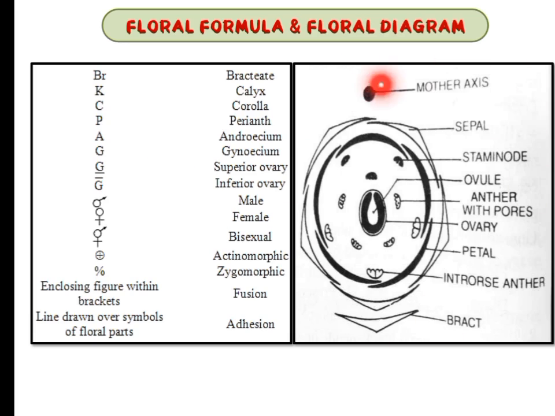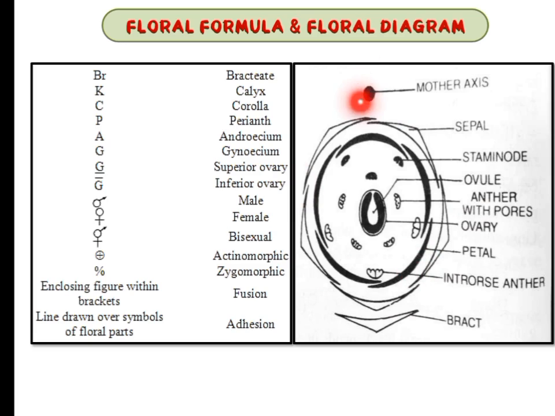And this is the floral diagram. So this is the mother axis. I will tell you what the mother axis is later. And these are the sepals. Okay, these are the outermost. Actually, we will draw the floral diagram from the outer wall of the floral parts to the inner wall.